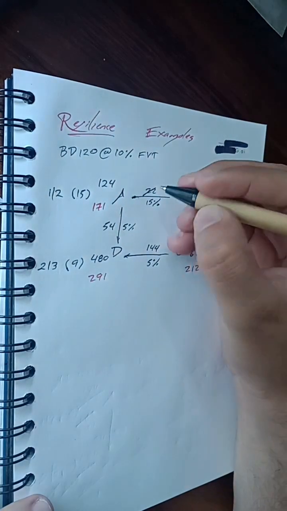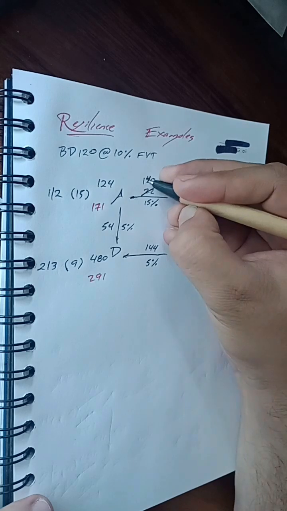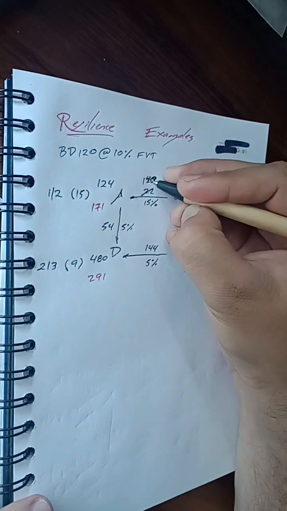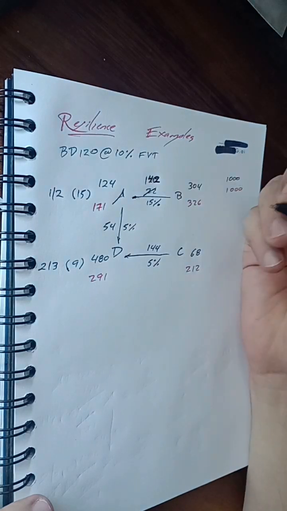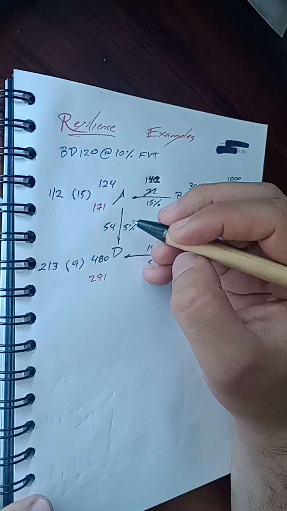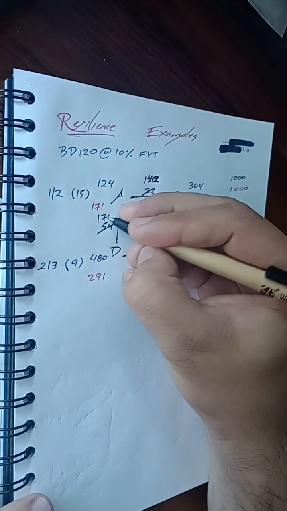This would give us 120 here, 140, 42 here, 142 here. This one also gets reinforced by 120, so we would give 174.